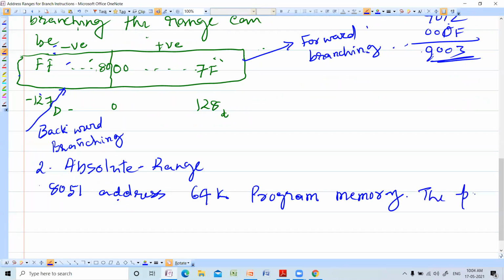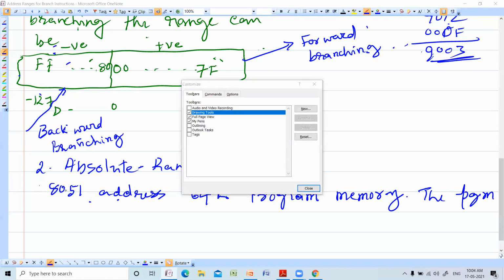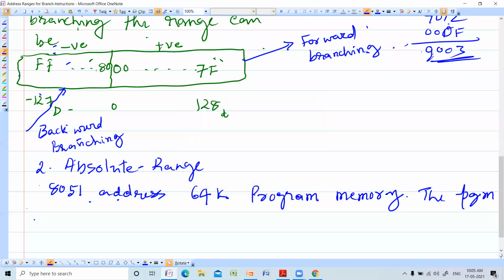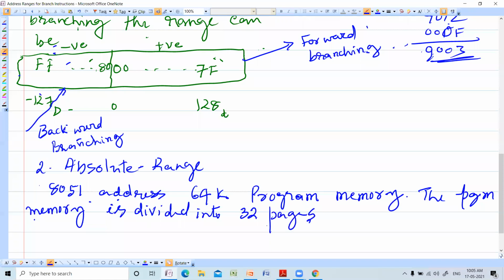This program memory is divided into 32 pages.